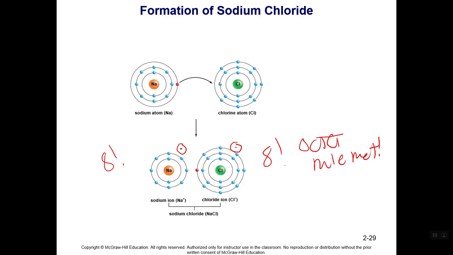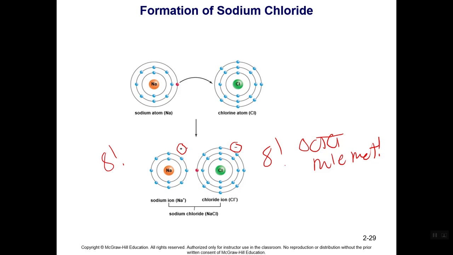Chlorine, when it accepted that electron, was previously electrically neutral. Before this donation or acceptance of electrons, chlorine had the same number of electrons as it did protons, meaning it's neutral. Once it accepted this electron from sodium, now it has 1 more negative charge, 1 more electron than it does protons or positive charges, so it became more negative.